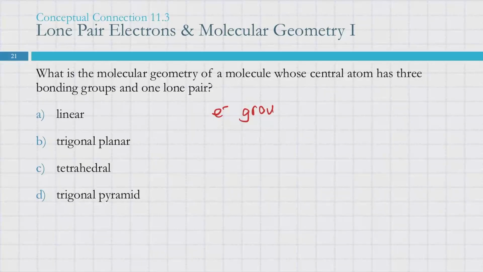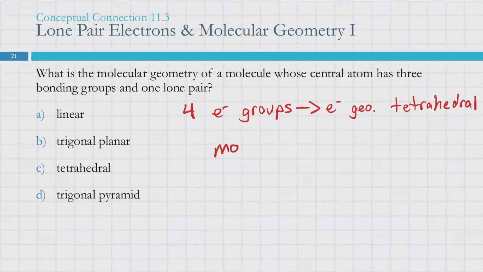Yeah, we would have 4 electron groups, and so that would give us what electron geometry? Yeah, it would be tetrahedral. If we get rid of one of those groups, then what would our molecular geometry be? Since one of them is a lone pair, that's why we're mentally erasing it. What would our molecular geometry be?